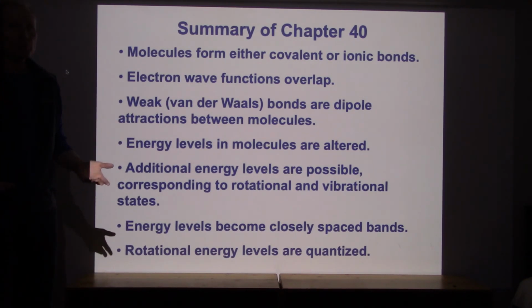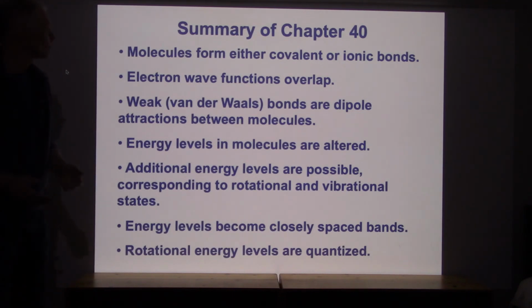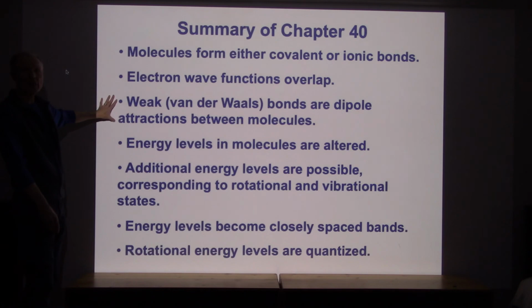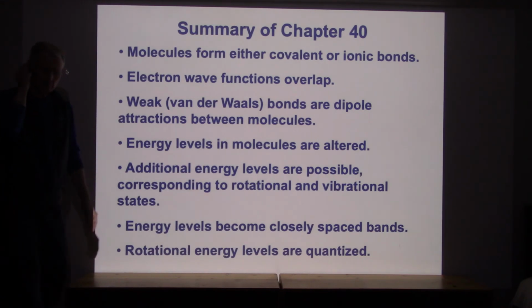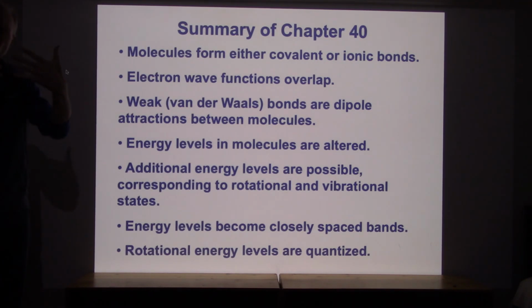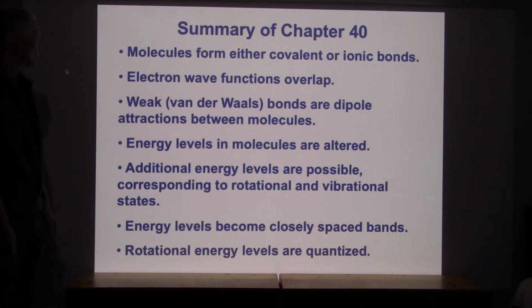If the bonds are polar in nature, then there are going to be leftover positive and negative charges that will continue to attract each other. The example we saw with this, we looked at those DNA molecules and the individual bases and saw that they still attract each other. And when the individual bases in the DNA come together, it's a tenth of an eV or something in terms of energy released.